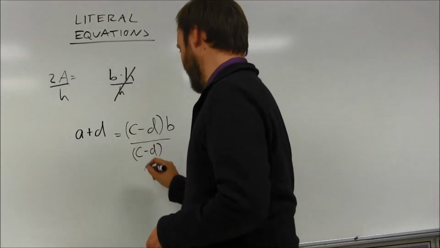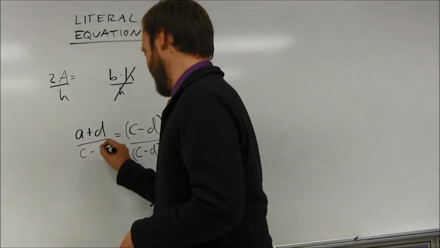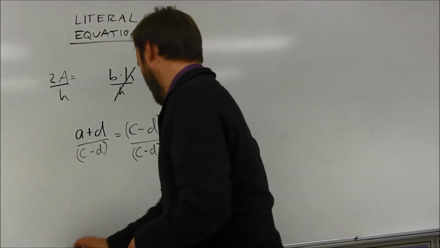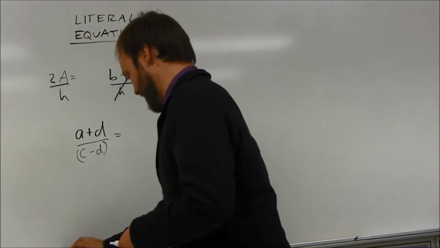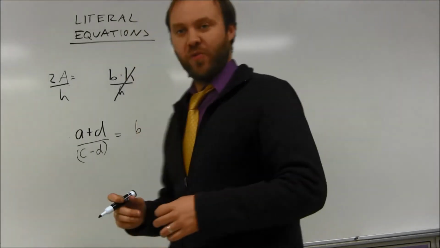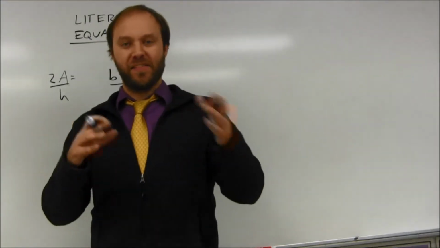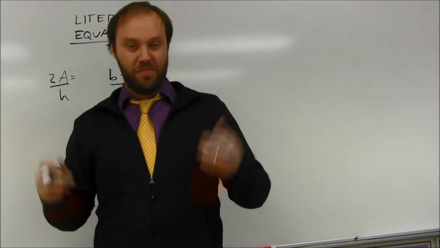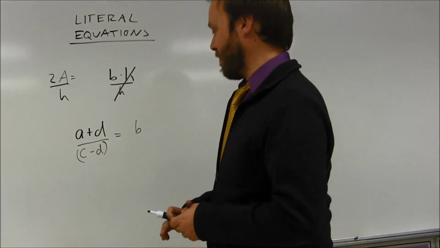I'm going to divide this side by c minus d, and I'll divide this side by c minus d as well. And of course, c minus d divided by itself is just 1, and we're left with just b. So that's the sort of thing you can do. Multiply, divide, add, subtract. Make sure you're doing the same thing to both sides of the equation and following basic rules, and it should work out pretty nicely.